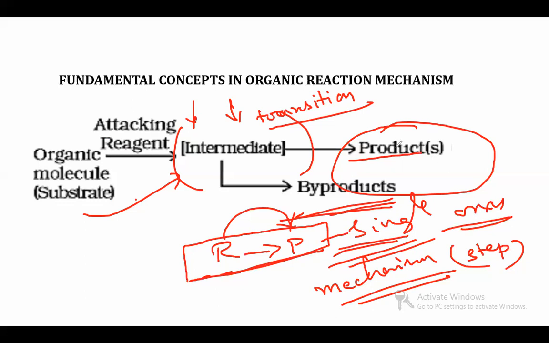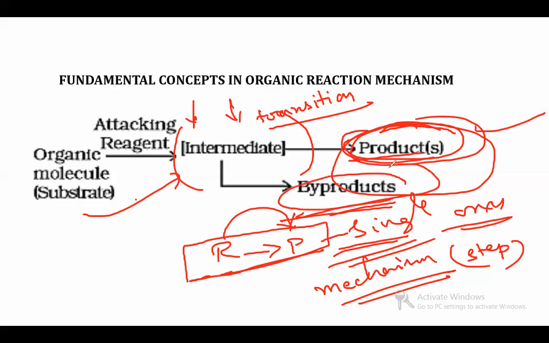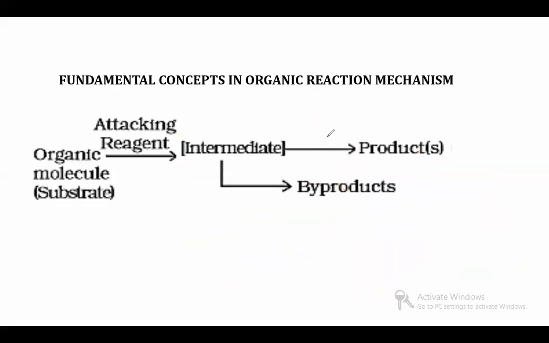All organic reactions give a product; the major compound is the product, the minor is the byproduct. Since it takes place in several steps, it is represented as a mechanism, a stepwise explanation.